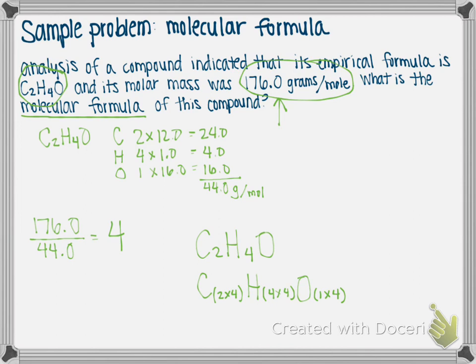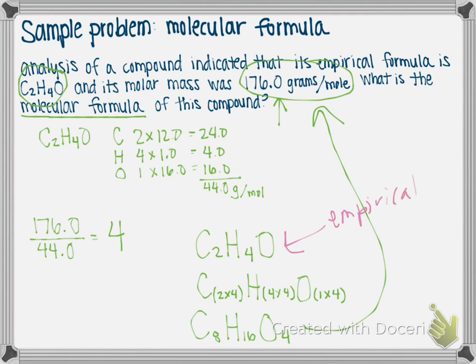So your final answer for your molecular formula would be C8H16O4. And if you find the molar mass of that, you should get your 176.0 grams per mole. And so that is the difference between your empirical, which is this one, and your molecular.